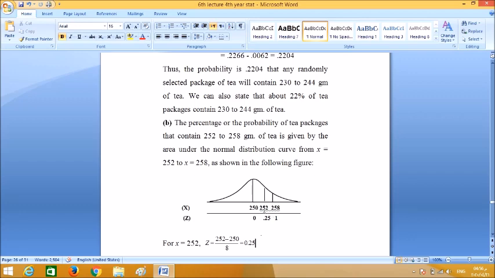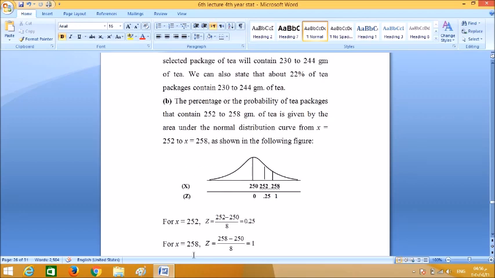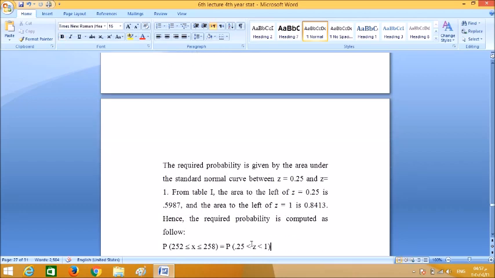So transfer x equal 252 and x equal 258. Here z equal 0.25 and here z equal 1. So compute the probability that x is equal to or larger than 252 and equal to or less than 258. That looks like z is greater than 0.25 and less than 1.